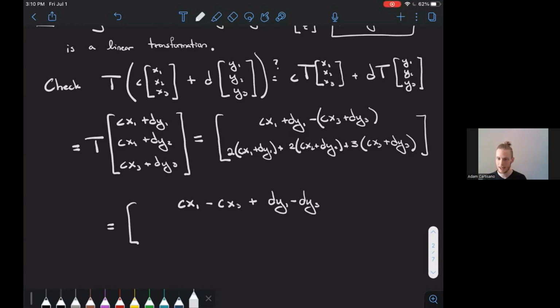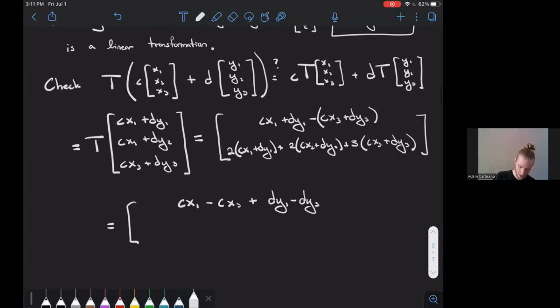In the second entry, I don't know why I was calling these numerator and denominator. This is the first and second entry of a column vector. What we're going to do is distribute the 2, distribute the 2, distribute the 3, and then rearrange the sum so that the x's are in front and the y's are not. So 2cx1 plus 2cx2 plus 3cx3 plus 2dy1 plus 2dy2 plus 3dy3.